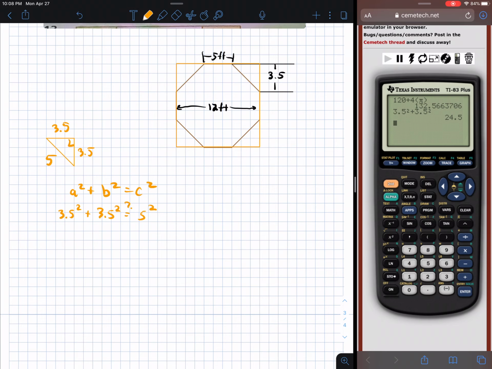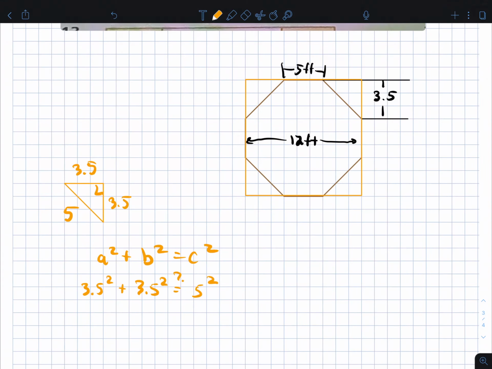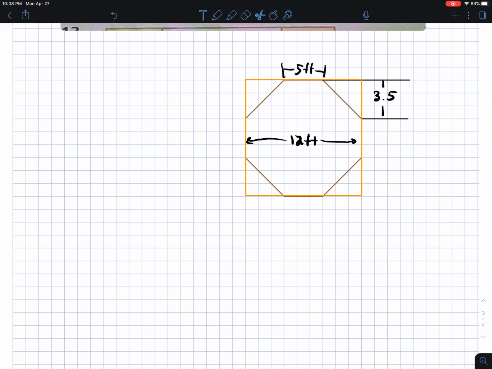But we still have other ways that we can look at it. So I'm going to scrap all of this. I'm going to get rid of this guy too. Okay. So now we do have that drop down is 3.5, and we still can break it into basic shapes. Let me think about it. Give me a moment.